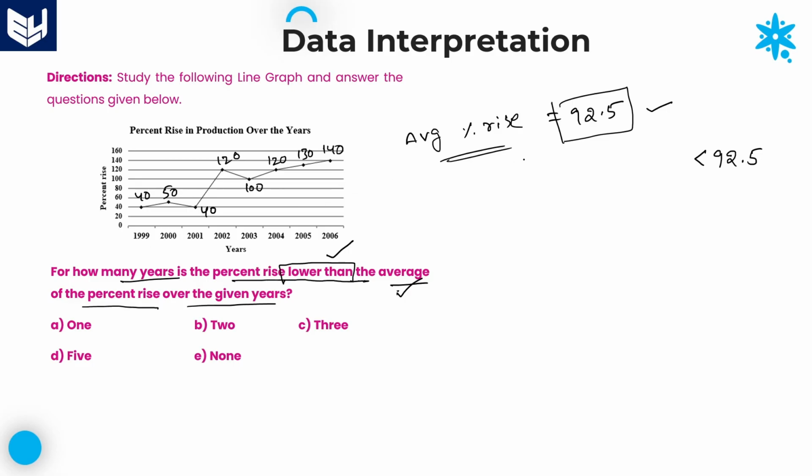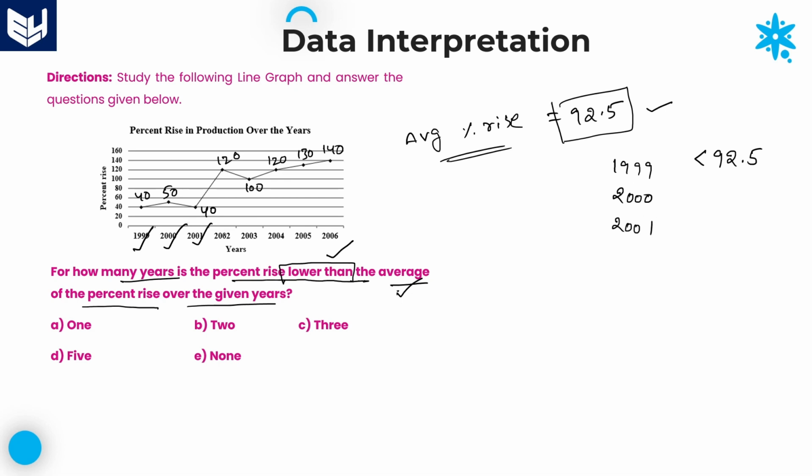So 1999, that is 40, is less than 92.5. Second year 50, that is also less than 92.5 in 2000. And 2001, that is 40. In 2001 also that value is less than 92.5.